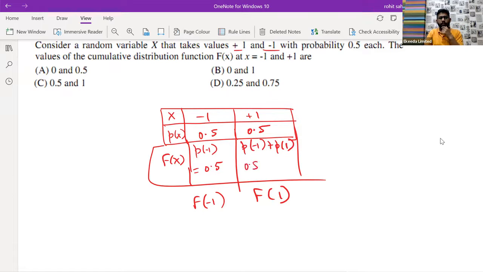That becomes 0.5 plus 0.5, which is 1. So of course, this is C, which is 0.5 and 1. So cumulative distribution function is capital F of X. Density is P of X or small f of X. X is your random variable. So you need to arrange your random variables first, of course. This is how you need to proceed.